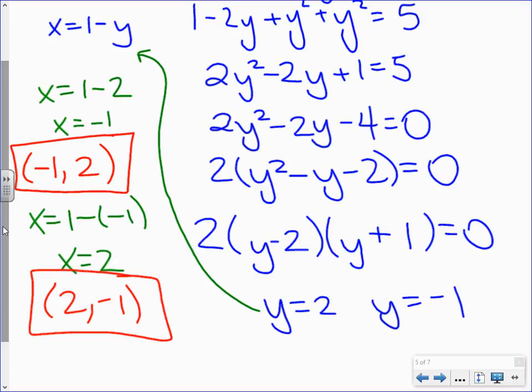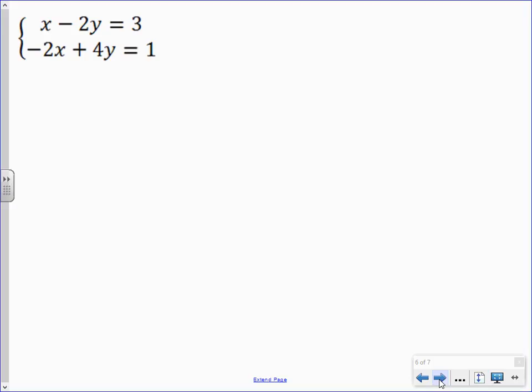Questions on the algebra that we just did? Okay. One more example. I want to show you what happens algebraically when something special happens.